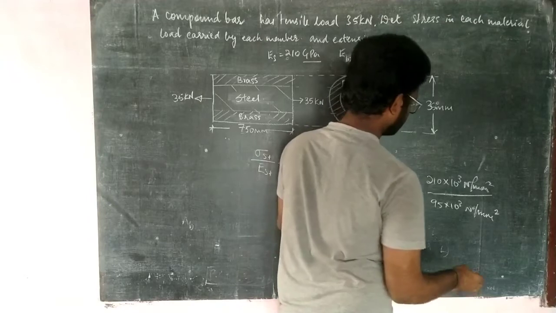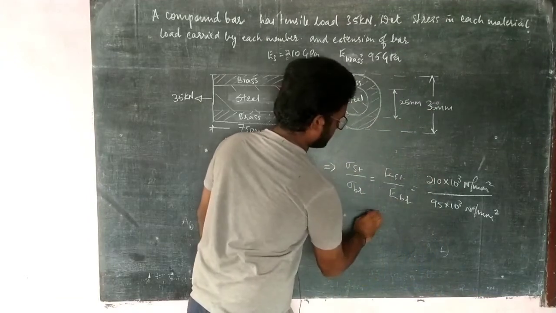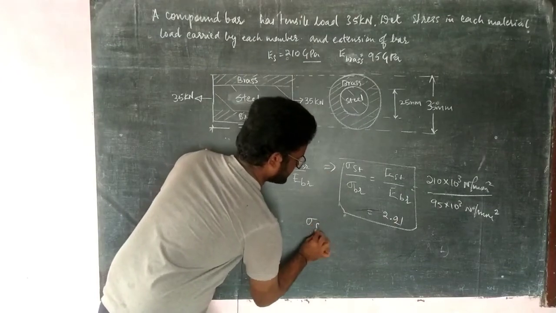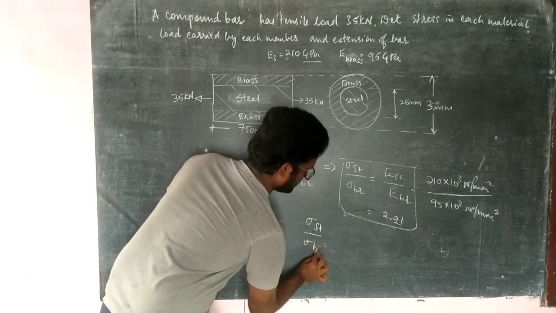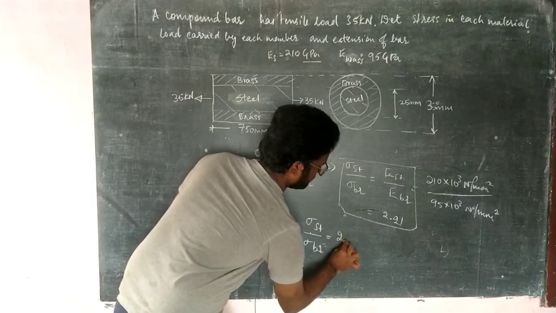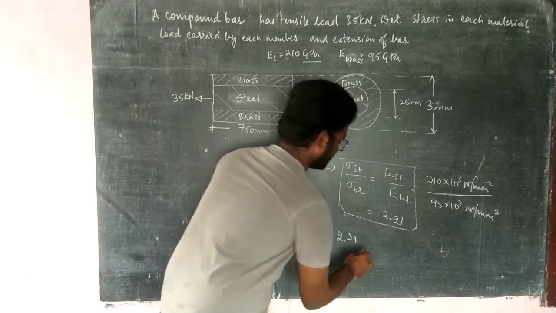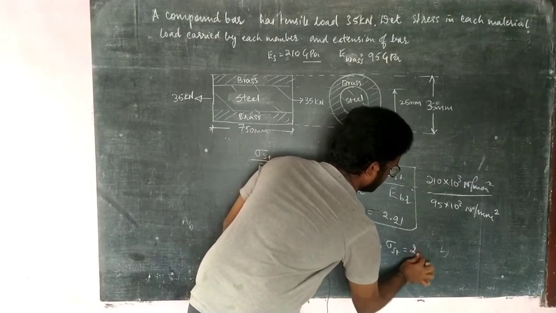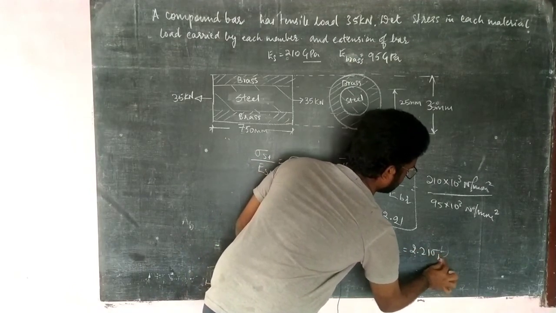If we calculate this, the ratio is 2.21. Sigma ST divided by sigma brass is equal to 2.21, so sigma ST is equal to 2.21 sigma brass.